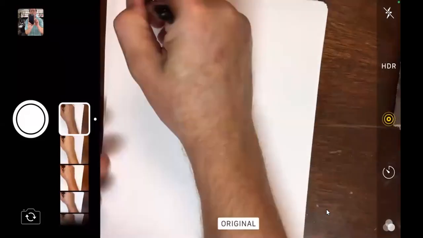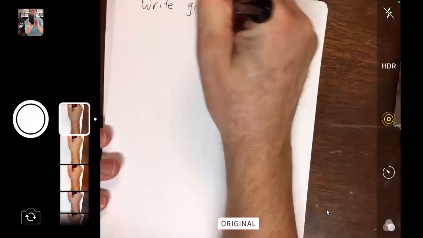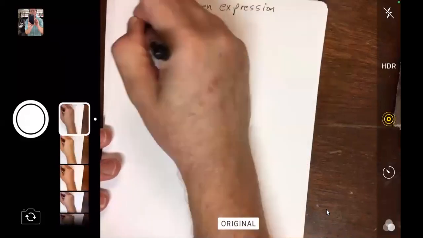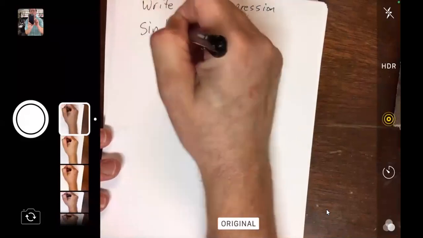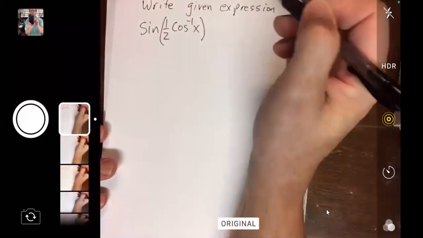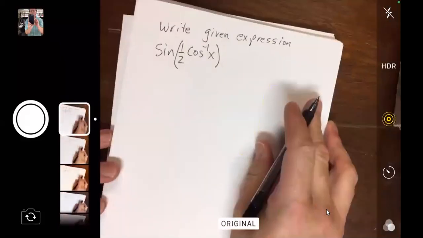It says write the given expression as an algebraic expression in x: sine of one half inverse cosine of x. Well, again, this is using a half angle formula.